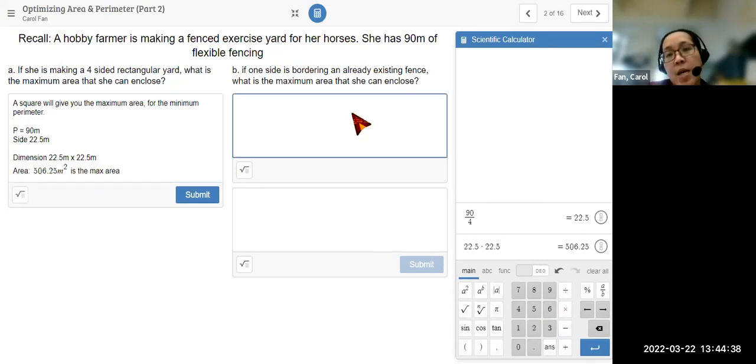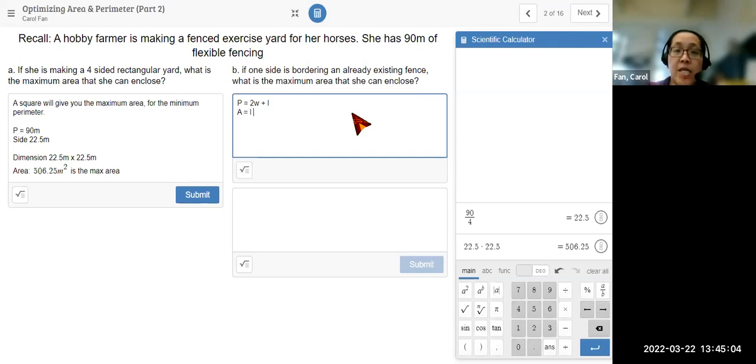Now let's say that we already have one existing fence. So it's going to border on that. What's the maximum area that she can enclose now? Now we're only looking for a 3-sided rectangle. And so our perimeter would be equal to 2W plus 1 length.